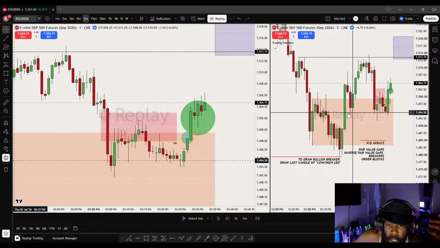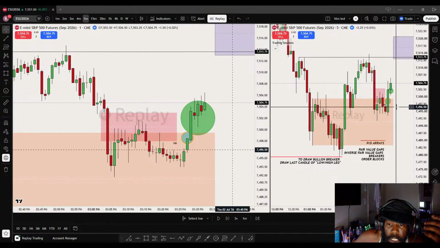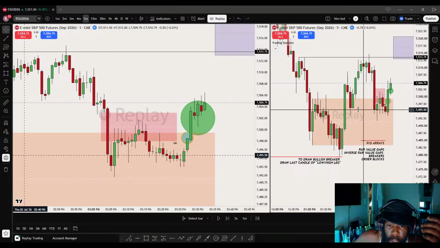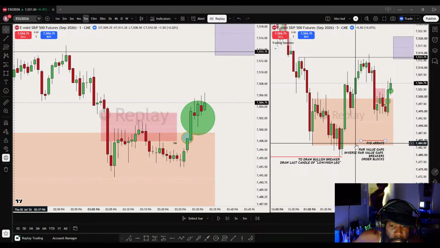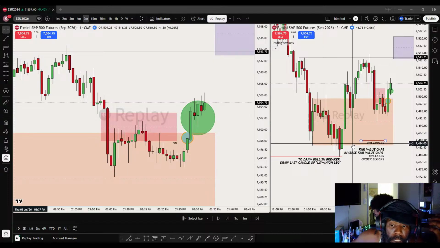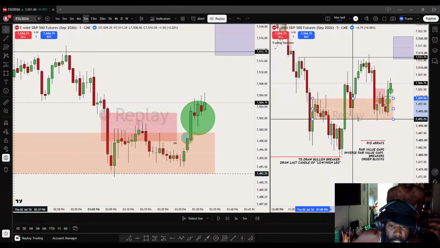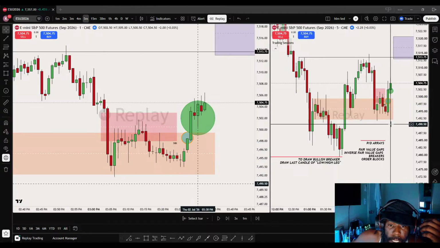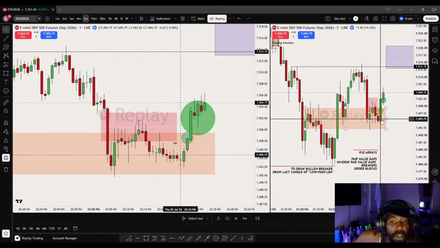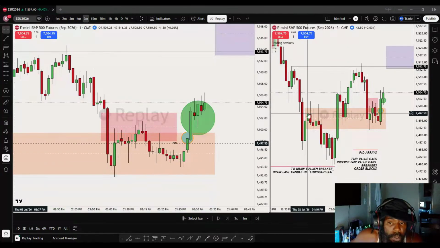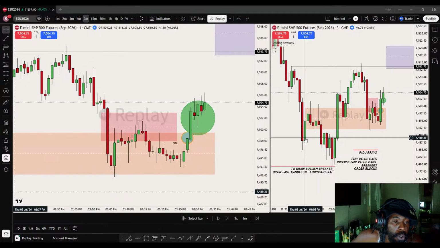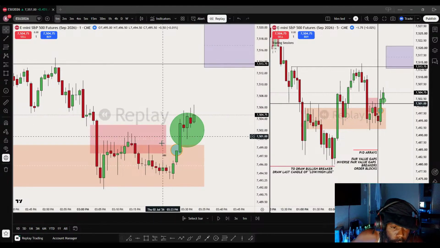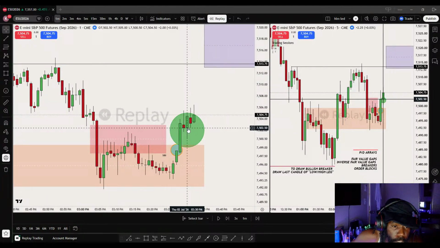So in retrospect, this breaker is still valid, even though earlier it looked like it went lower. I just didn't have the whole breaker drawn because in my real-time trading, I'm really only drawing this first candle because I want to see the first candle get respected. But in my mind, even though this happened, I still know the breaker is still respected because I just didn't draw the whole thing. You feel me? Now, coming out of this breaker, I still got the entry drawn right here, this green candle.